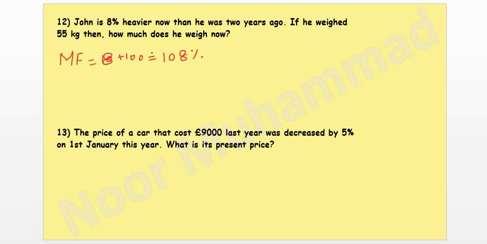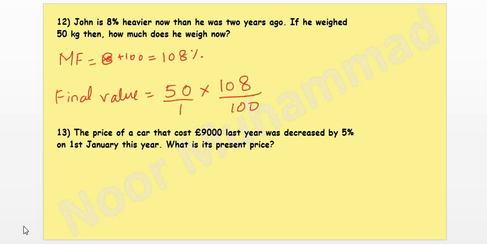So simply to know the final value, or you can say his final weight, what do we do? We multiply the original value, that is 55, with the multiplying factor. And what is the multiplying factor? It's 108 out of 100. It was 55 kilograms. So what will you do now? You will cancel the first 0 with the first one, and now simply multiply these two together and divide it by 10.